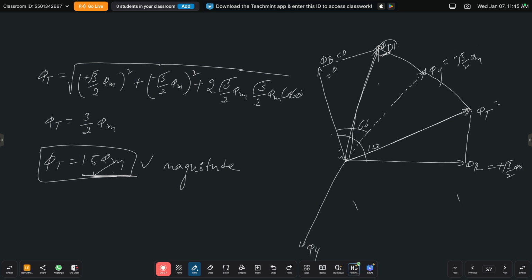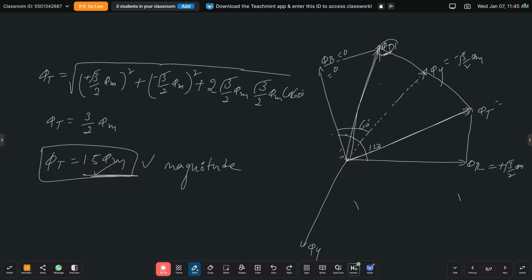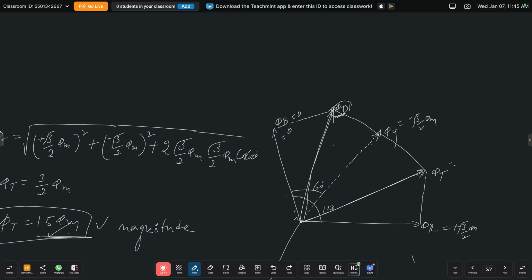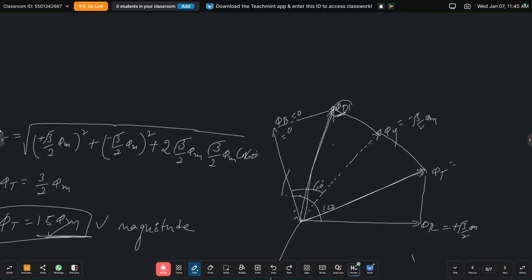In case 1 the total flux is at position 1, and now it is going to rotate to position 2.